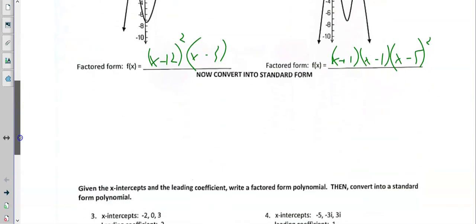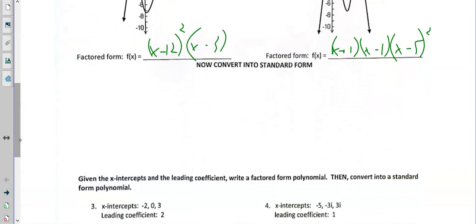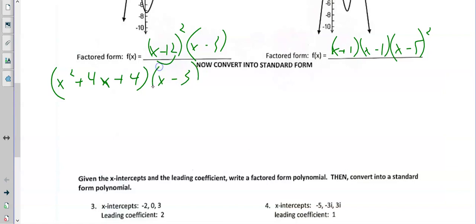Now it says convert these into standard form. So x plus 2, I'm going to square that. That's x squared, 2x doubled is 4x, plus 2 squared is 4. And that times x minus 3.